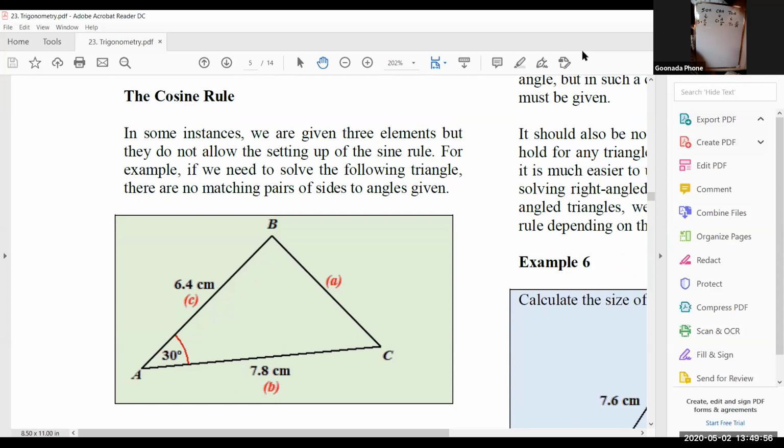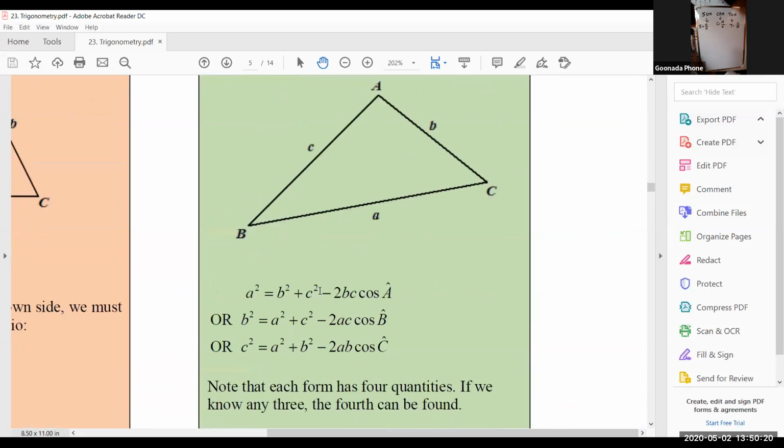Are you all seeing that? We have the sides, right? But they do not match up to an angle. Only A is matching up to this here. You follow? Yes, folks? All right, so let's see in this case what we have to do.